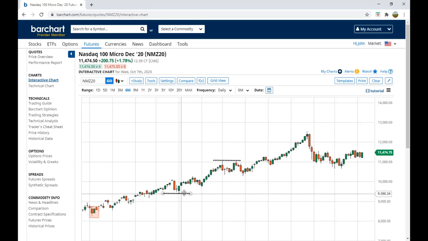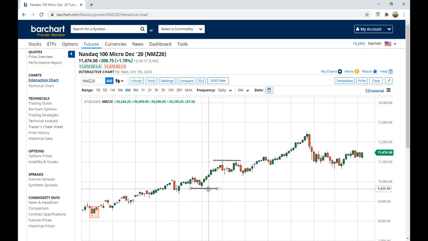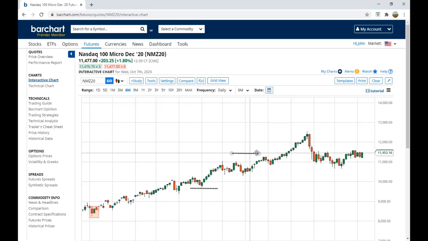Where are we going to move our stop? The most recent low. Now you can see here price comes back. It doesn't break our high, so we're not going to move our stop. We have to wait for price to break our high. Price retreats. Price breaks our high.